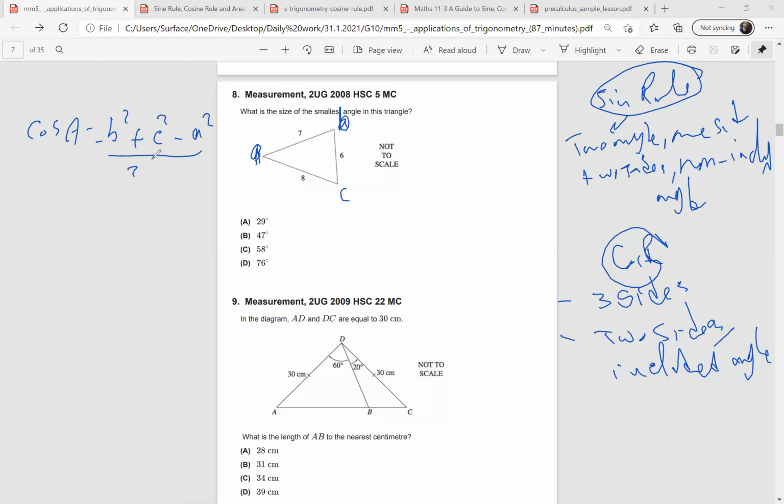Excellent. So cosine A equals 8 squared plus 7 squared minus 6 squared over 2 times 7 times 8.